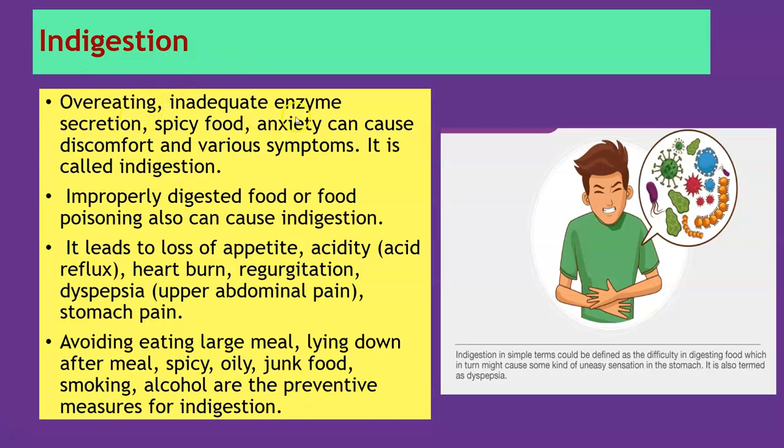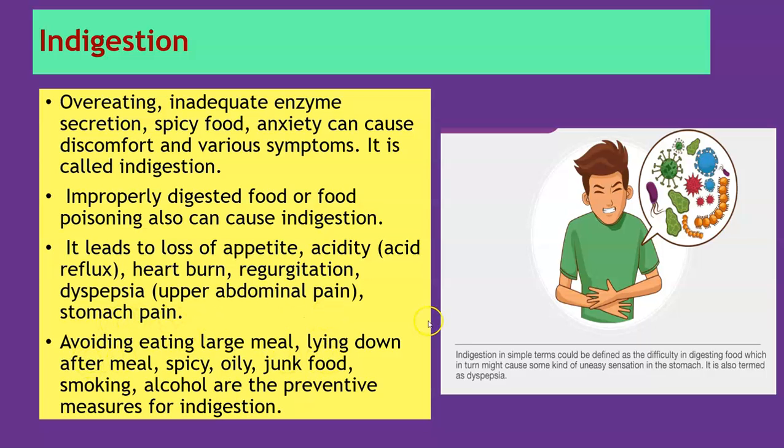Indigestion. Overeating, inadequate enzyme secretion, spicy food, anxiety can cause discomfort and various symptoms. It is called indigestion. Improperly digested food or food poisoning also can cause indigestion. It leads to loss of appetite, acidity, that is acid reflux, heartburn, regurgitation, dyspepsia, that is upper abdominal pain, stomach pain.